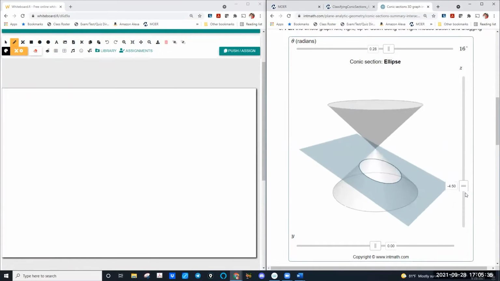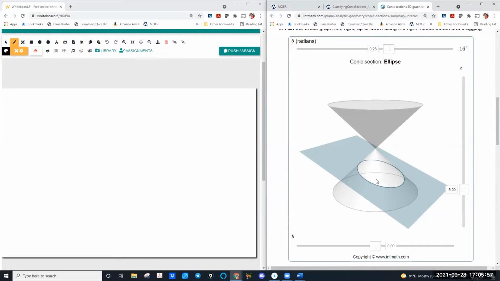So there's our ellipse. And as you saw in the lesson, the ellipse, if we plot it on an XY plane, can be elongated in the X direction or the Y direction. And actually, it can be elongated in any direction because we can rotate the ellipse at any angle we want. We're not going to be doing that in this course.